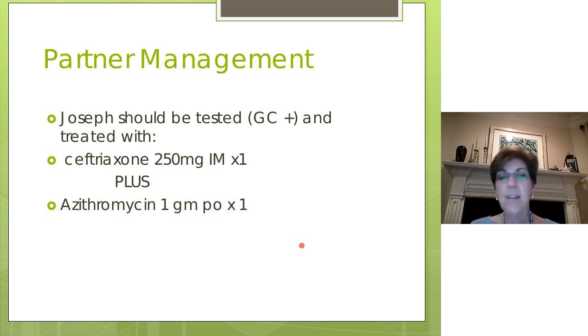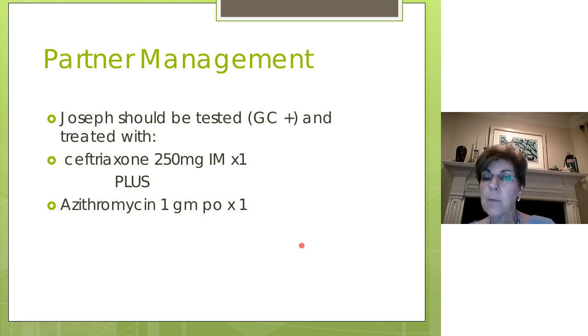And then PID you're going to treat for both, and you might throw the metronidazole in there for good measure. Trich is metronidazole. BV is metronidazole, Flagyl. So there's really not that many medications. So don't get bogged down thinking there's a ton of medications.